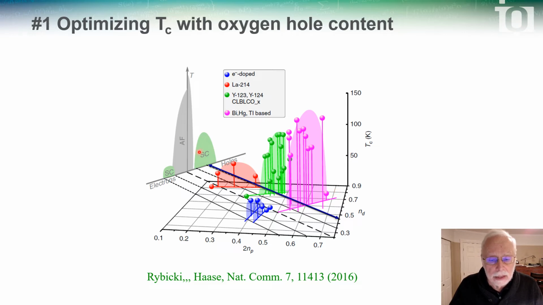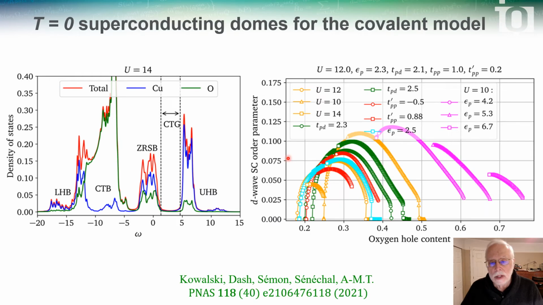Clearly, the optimal Tc is not correlated with the hole content. On the other hand, if you look at the axis for oxygen hole content, you see that there seems to be a trend with increasing Tc and increasing oxygen hole content. Let us check whether calculations are consistent with this correlation.